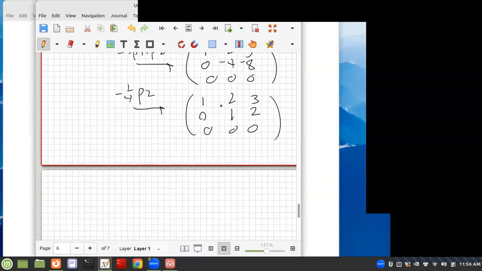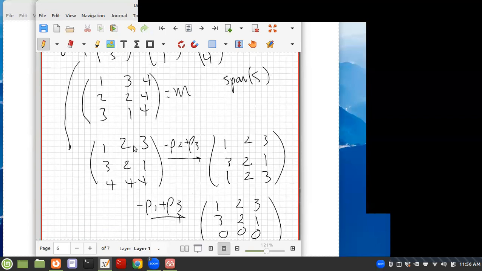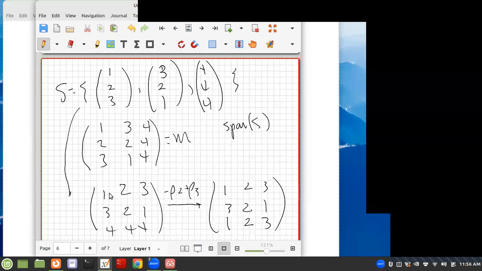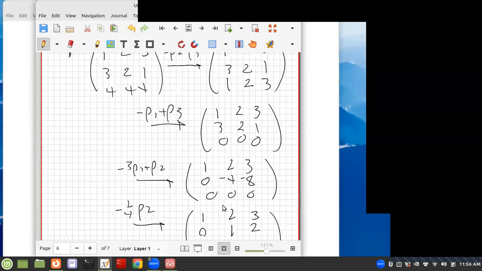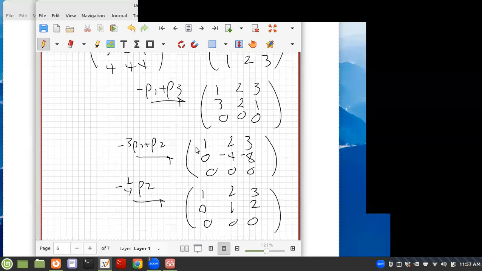So then I know that 1, 2, 3 and 0, 1, 2 are linearly independent, and these two vectors here span the same space as these three.